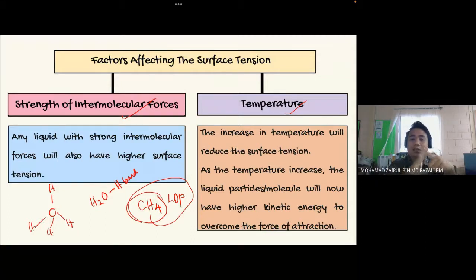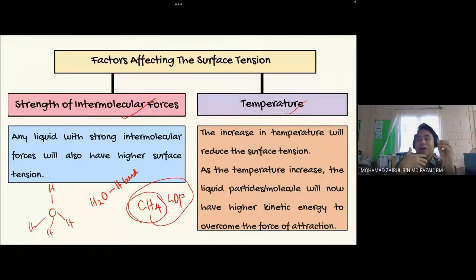Sebab tu kalau kita basuh baju, kita letak sabun. Sebab dalam sabun ada satu material itu yang kita panggil sebagai surfactant, surface active agent. So function surfactant adalah dia akan disturb intermolecular forces dalam air itu sikit supaya air itu senang masuk baju kita dan senang kita nak basuh baju kita.